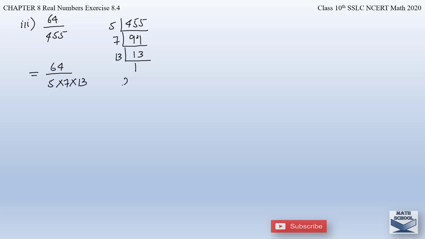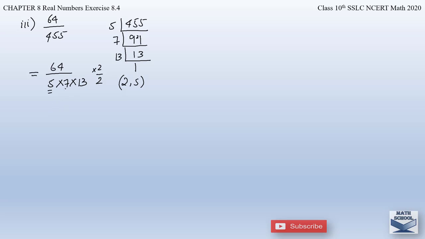Now we have to create pairs of 2 and 5 with equal powers. Here we can see that 5 is present but 2 is absent. So even if we add 2 to the numerator and the denominator, we can see that 7 and 13 are present in the denominator. Therefore, we can say that this number is a non-terminating repeating decimal expansion.